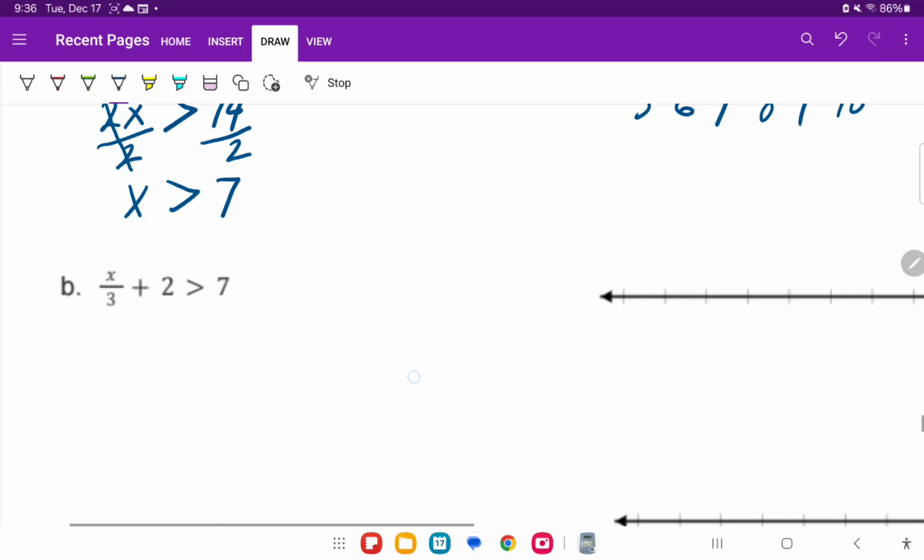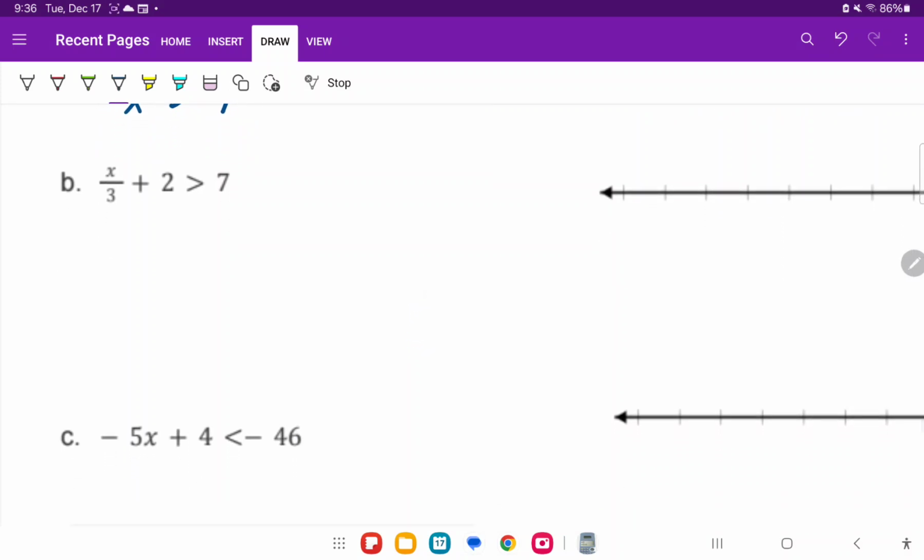All right, so let's continue to letter B. So we're going to subtract 2. So that leaves us with x over 3. That cancels. Bring down your greater than, and 7 minus 2 is 5. Now this indicates division, so the opposite of that would be to multiply by 3.